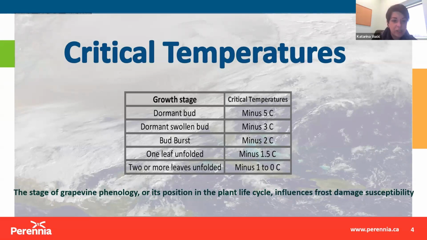The graph also shows at which growth stage and temperature the vine is vulnerable to frost. So the first thing I would notice, for example, on this graph is that the dormant and swollen bud is more cold resistant than, say, the vine which is at 1 to 2 leaves unfolded. While still dormant, or even at the swollen bud stage, the vine is still a little bit more protected.